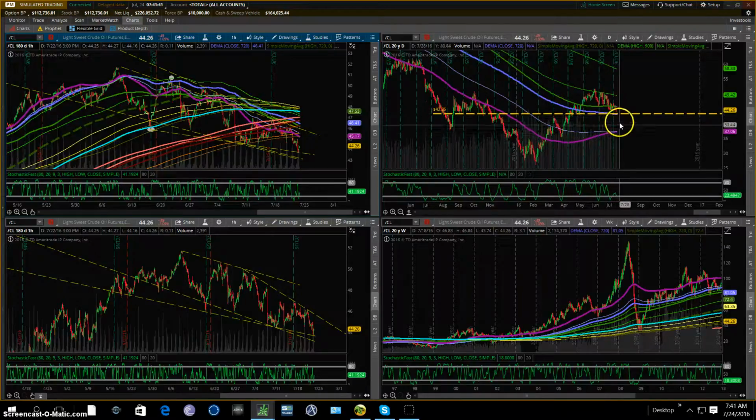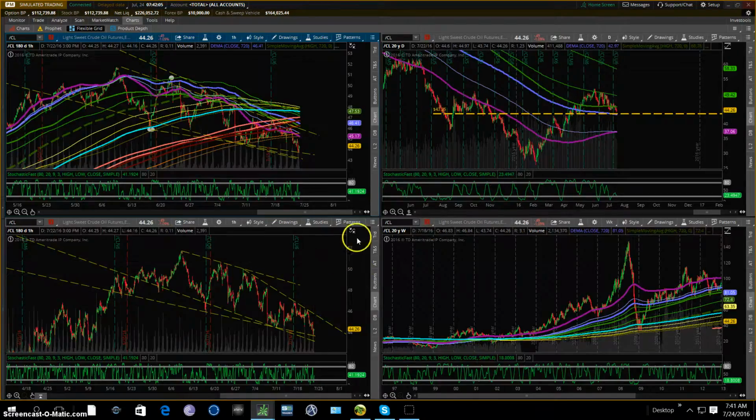If it does drop through, if you get a big drop for some reason, we're looking at the 37 level, low 37s. If 43 fails, I mean, this will be even better. If it just tanked right down to here, great, but I highly doubt that considering how it's been consolidating.